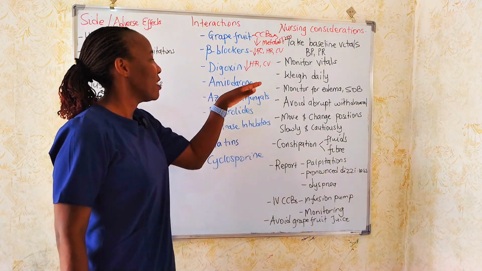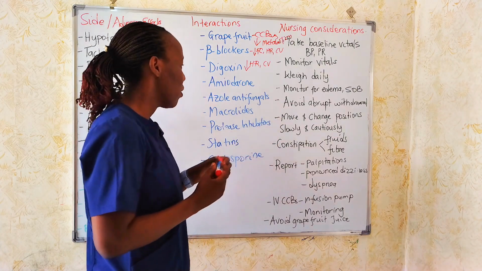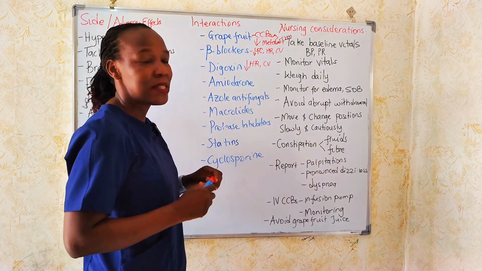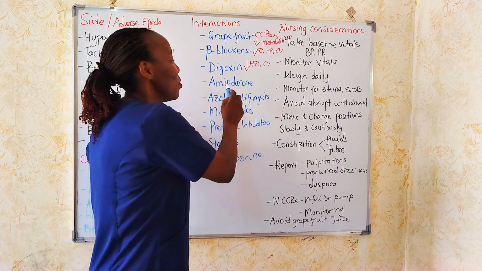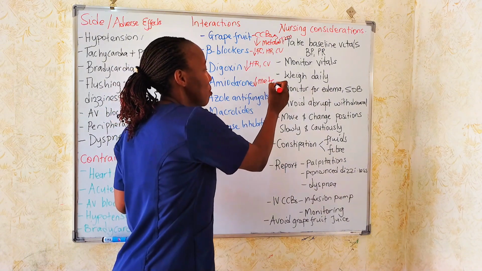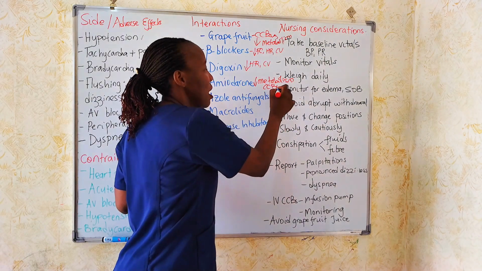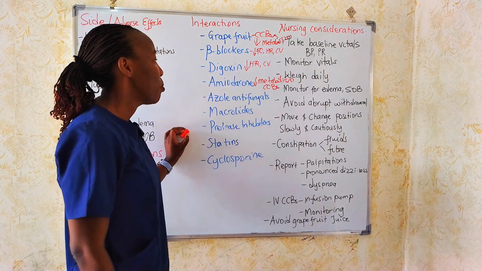Okay, so the interaction between amiodarone and calcium channel blockers is also that of a reduction in metabolism. So what happens? Amiodarone actually reduces the metabolism of calcium channel blockers. So once again, the effects of calcium channel blockers are going to be more pronounced.